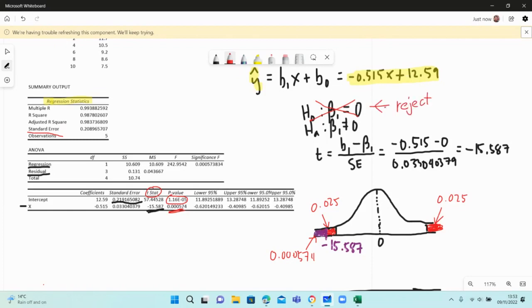And we accept the alternative, which says that beta 1 is not equal to 0, which actually implies a linear relationship between x and y.